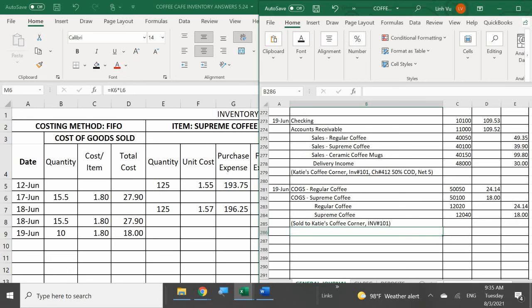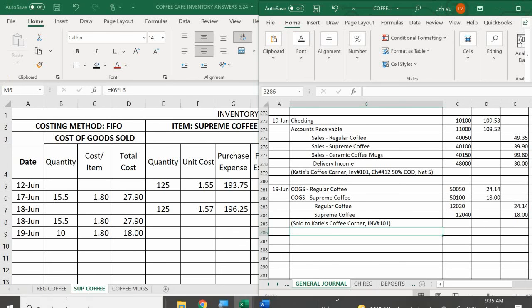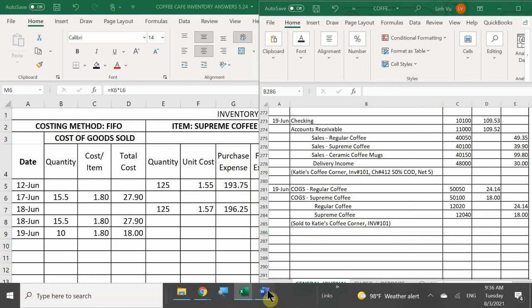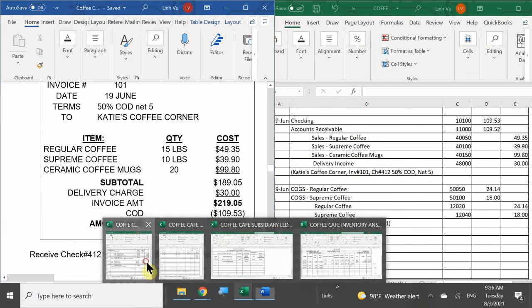So they should have that unlimited amount of refunds or returns on anything that they buy from me. So if they want to return coffee, I need to make it very specific that I sold to Katie's this much coffee. And that way, when it's directly linked to my sales, at least I know that these two go together.